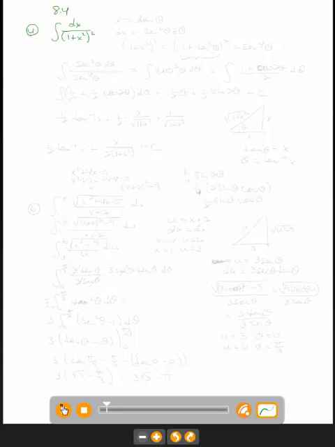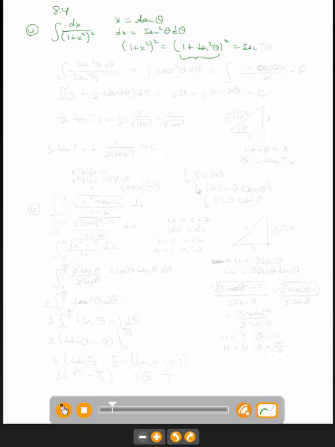The 1 plus x squared makes us think that x should equal tangent of theta, and dx would be secant squared of theta d theta. And so if I do that, let's just take the denominator: the (1 plus x squared) squared would be (1 plus tangent squared of theta) squared, and 1 plus tangent squared is secant squared.